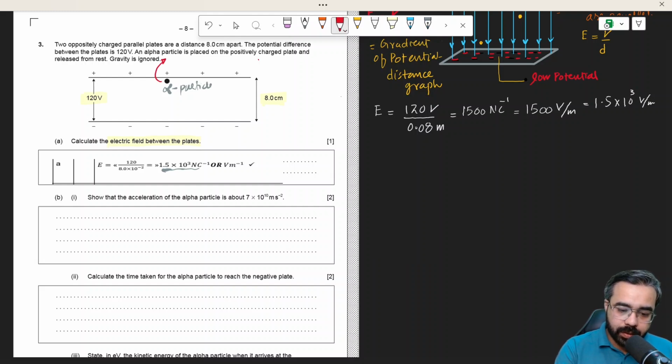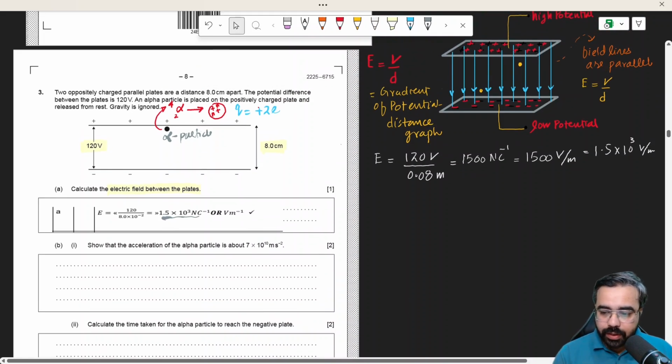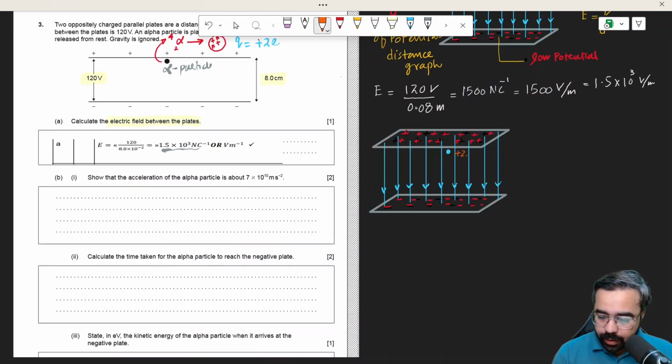Dear students, you know that alpha particle is also called helium nuclei, which have two protons and two neutrons, right? So it has a charge Q equal to positive 2e. All right. So if you are releasing this charge from this point, that has 2e, okay, alpha particle.